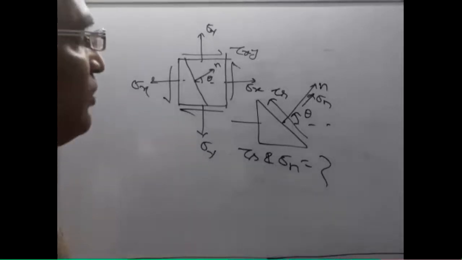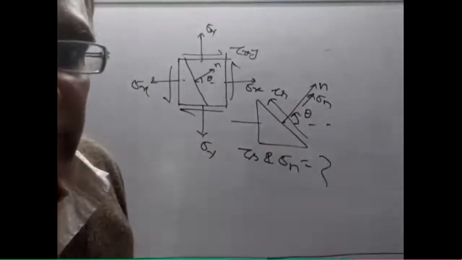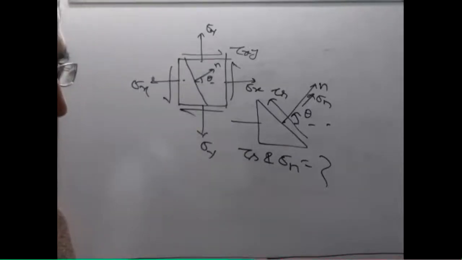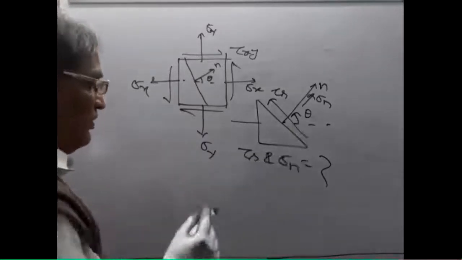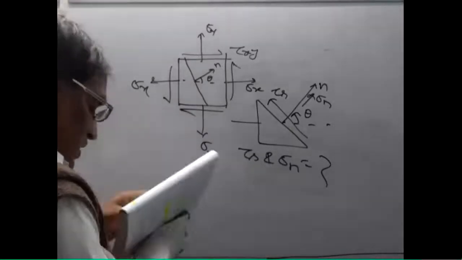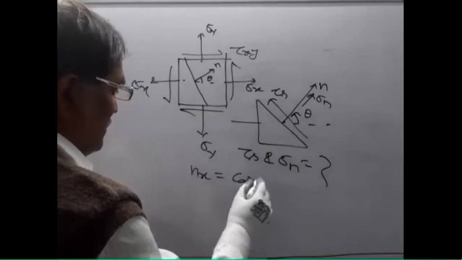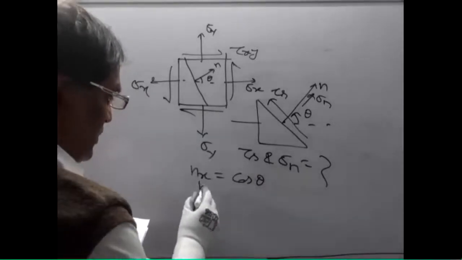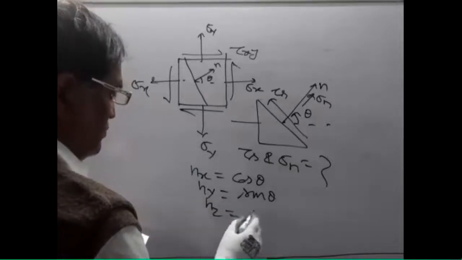What you have to find out here is the direction cosine of that rotated plane. That's why I mentioned that you should know, if a plane is given, how to find out the direction cosine. In this case, obviously nx will be equal to cos theta, ny will be equal to sin theta, and nz will be 0.